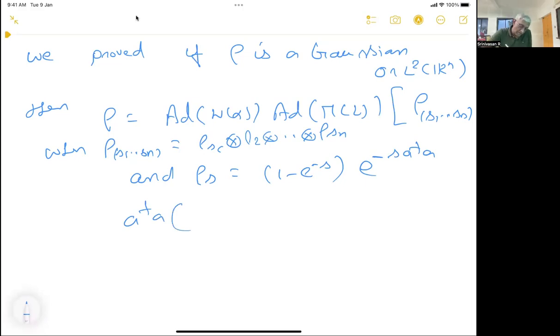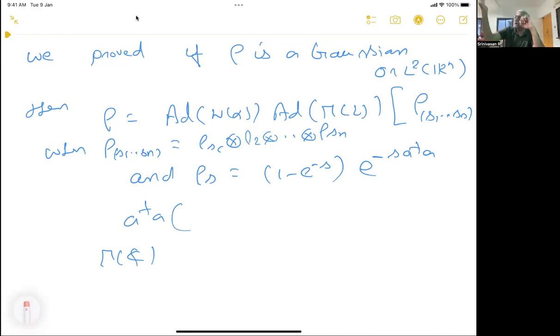See, this L2 of Rn is a tensor product of L2 of R tensor L2 of R and so on. I mean, Rn is a direct sum of R's. L2 of Rn is the same as gamma of Cn, where the direct sum is taken.